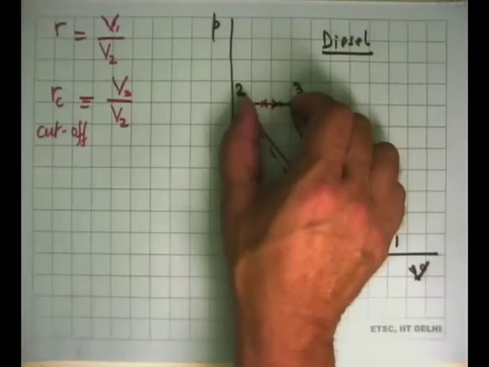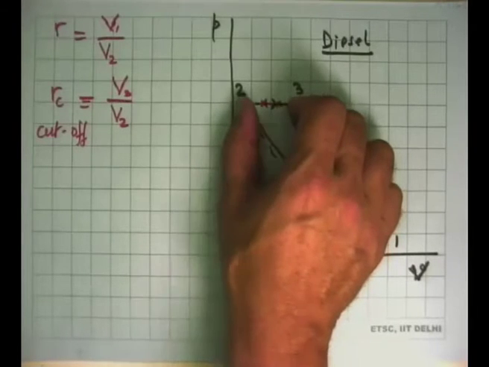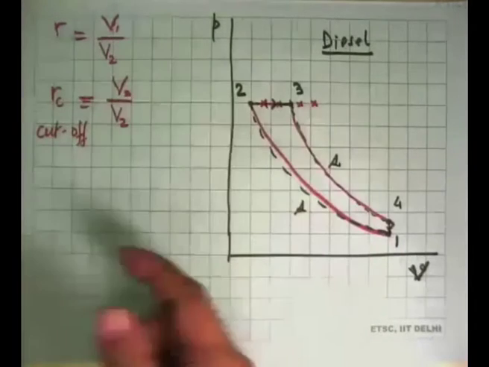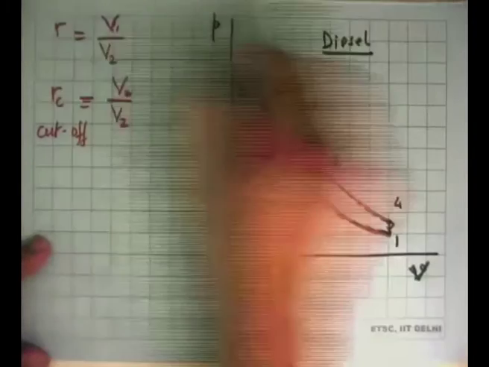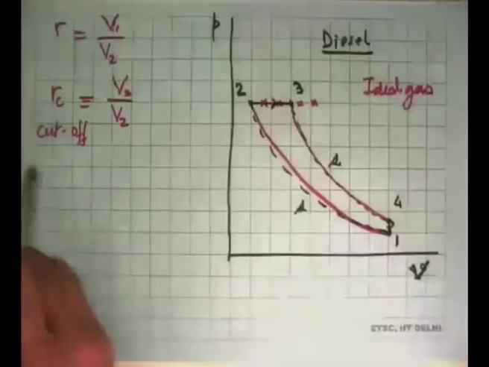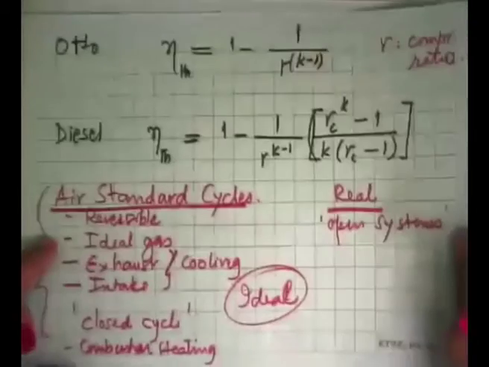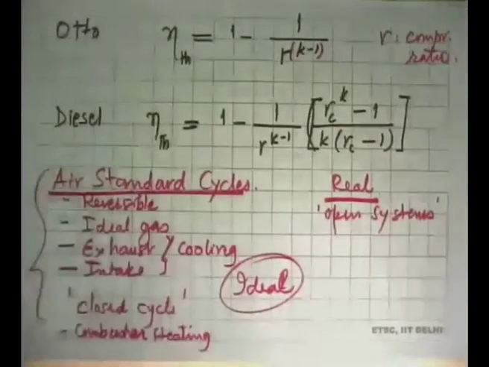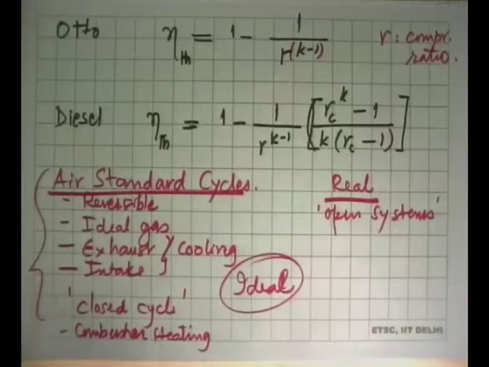And when you do all of it, the same concept applied, this is a closed system, and ideal gas is the working substance again. And when you do all of that, we get a formula which is like the second one here.